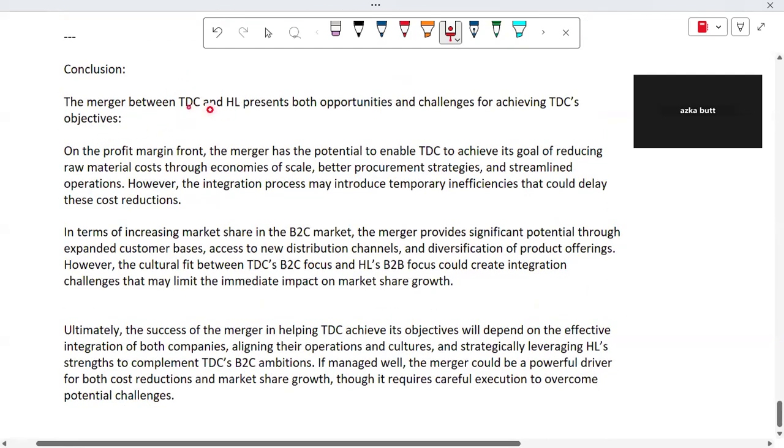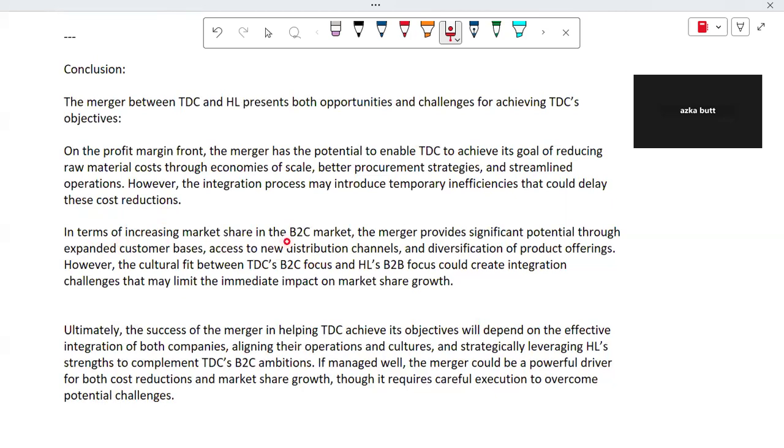The merger between TDC and HL presents both opportunities and challenges for achieving TDC's objectives. On the profit margin front, the merger has the potential to enable TDC to achieve its goal of reducing raw material costs through economies of scale, better procurement strategy, and streamlining operation. However, the integration process may introduce temporary inefficiency and could delay these cost reductions.